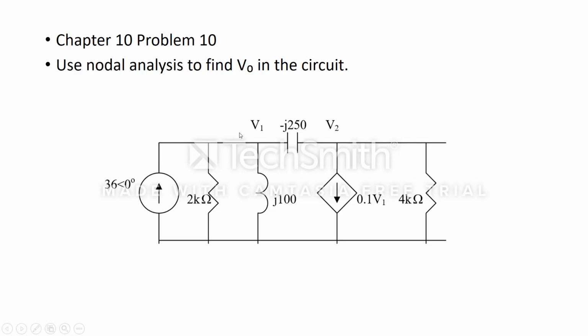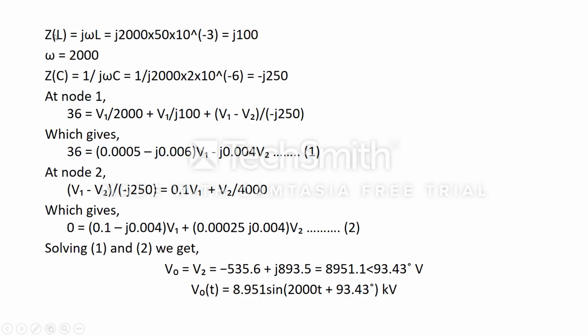So going to the solution part, we get the inductive impedance, which is j omega L, and we get it as j100 as specified in the figure, and omega is 2000 as shown in the figure. The capacitive impedance is 1 by j omega C, which is minus j250, also shown in the figure.